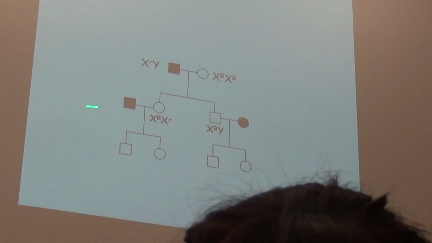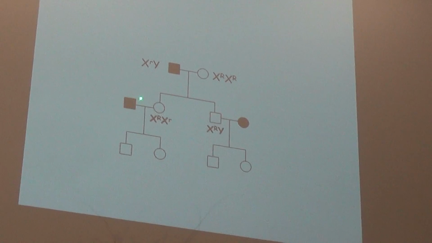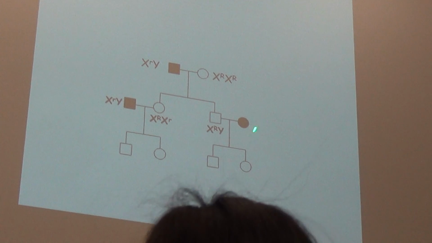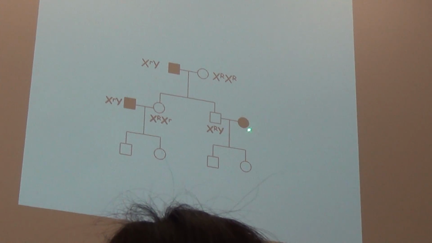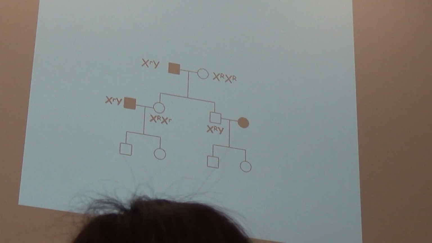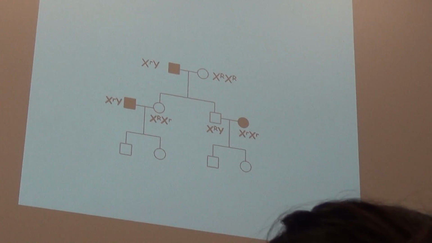The son will be wild type, X big R and Y. Now, if they mate, here is the father, the husband. Let's imagine this male here is affected. Because they're affected, they will be X little r and Y. Let's imagine this female is also affected. Because this female is affected, her genotype will be X little r, X little r.